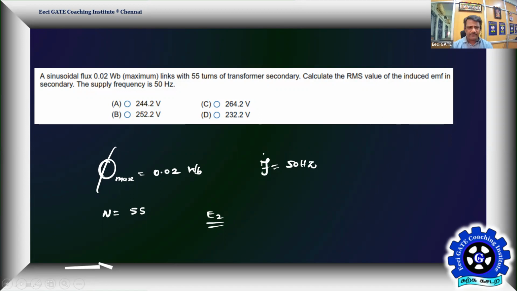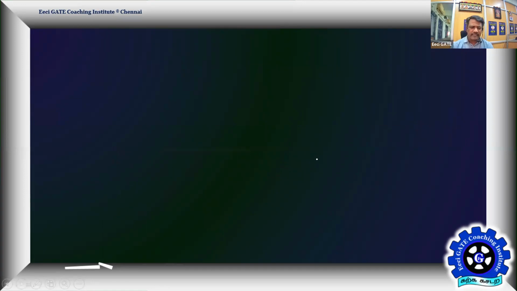Based on what is given, there is a core in the transformer, and no information about the primary, which in fact is not required to answer the problem. Once the flux in the core is given and the coil connected in the transformer is given, we can straight away go for the induced EMF. So let me consider this way. I have a transformer.